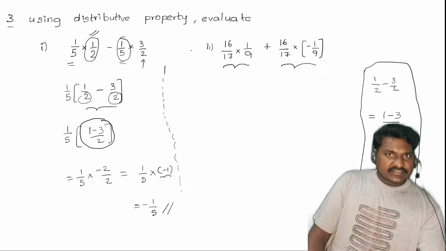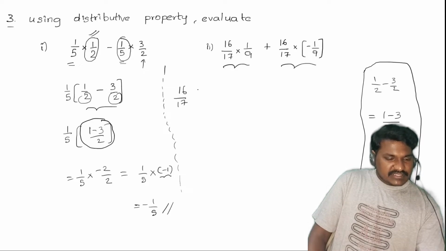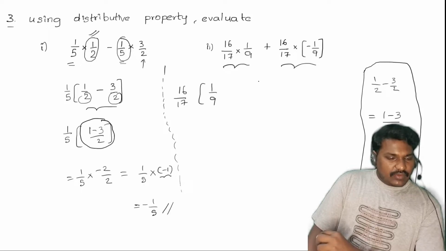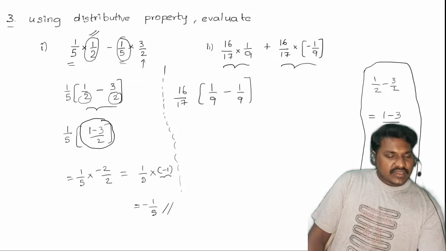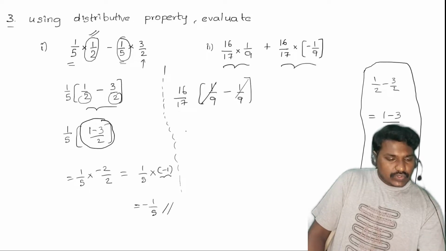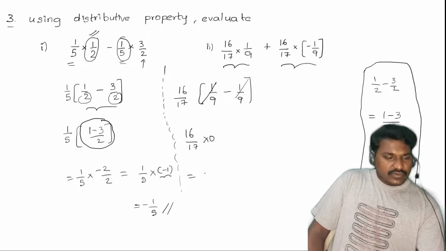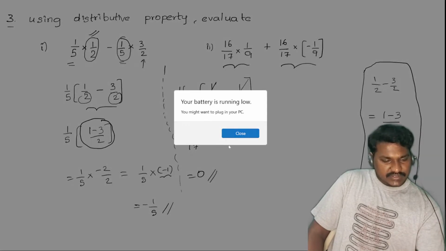So let me take 16 by 17 as a common multiple. 16 by 17 into 1 by 9, and we have minus 1 by 9 here, and we can directly say that 1 by 9 minus 1 by 9 will give you the answer 0. So the answer is 16 by 17 into 0, and any number multiplied with 0 will always give you 0 as the answer. That's it.